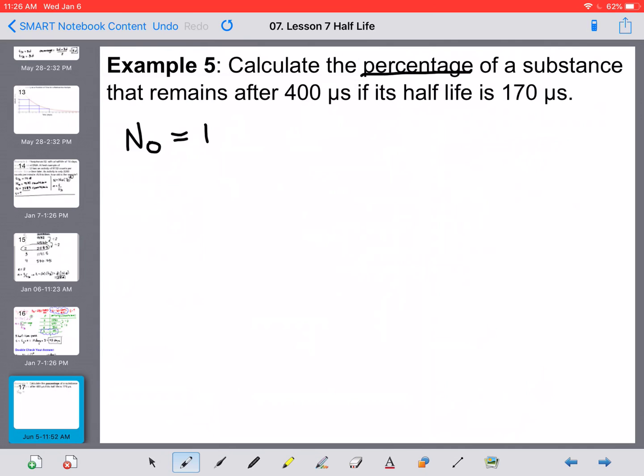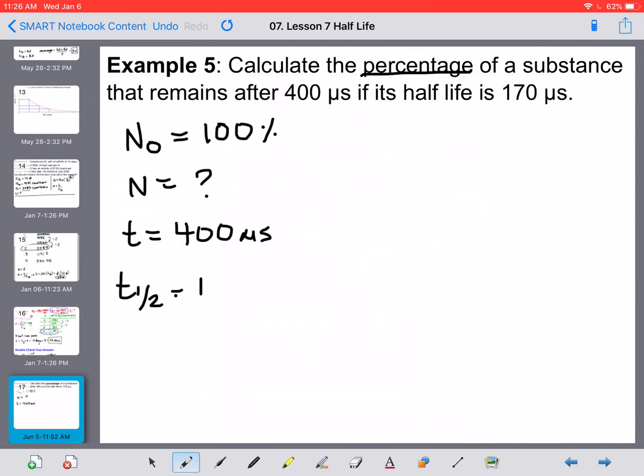To begin with, you're going to start with 100%. And then you want to know what percent is left after a certain amount of time. So the time here is 400 microseconds, and t1/2, the half-life, is 170 microseconds.